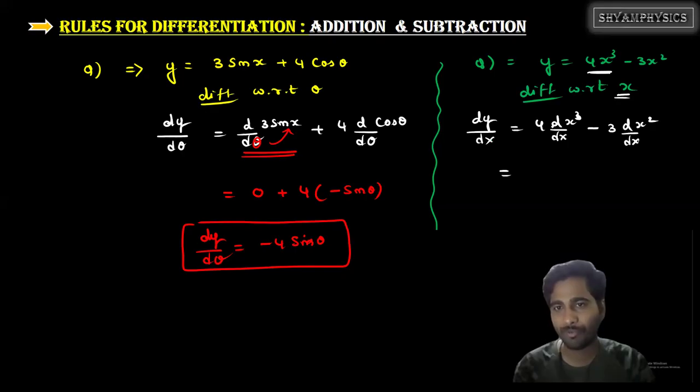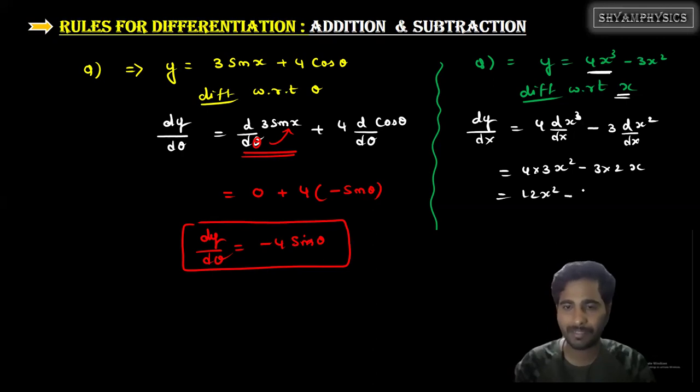Now 4, 3 is there. Shift this 3 here. It will be 4 into 3 x square, power 1 we need to decrease. 3 into shift the power 2. Differentiation of x square is x. Okay, so the answer will be 12x square minus 6x. This is dy by dx.